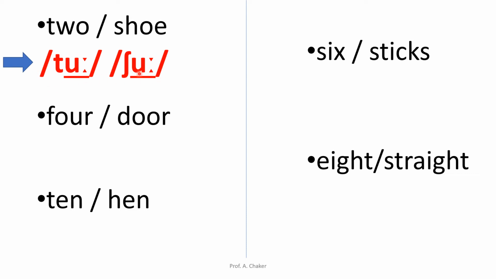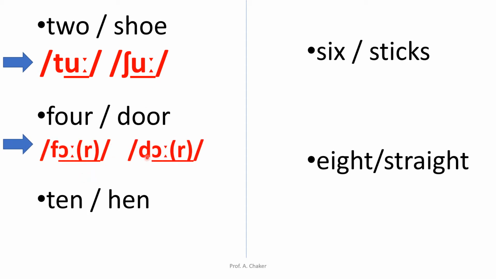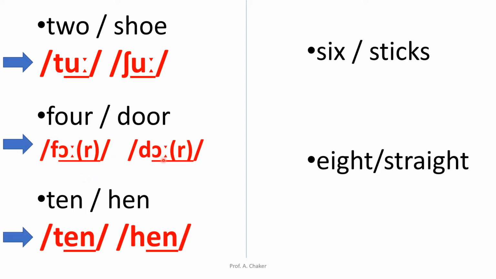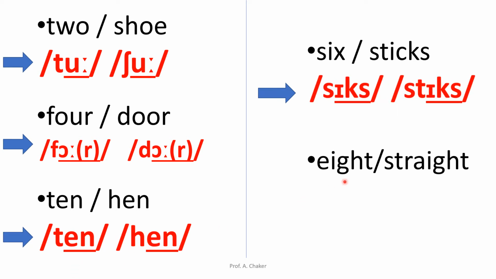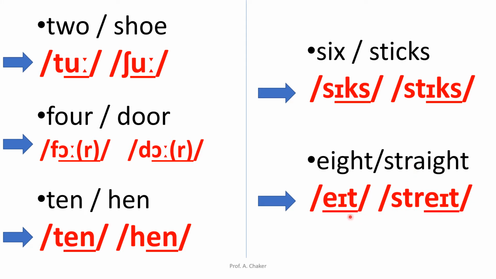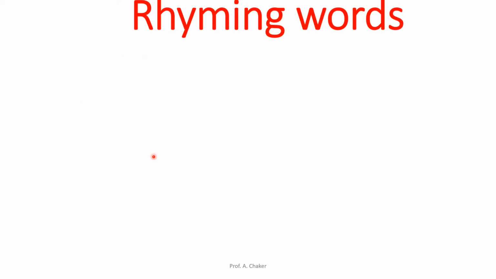Four, door. Ten, hen. Six, sticks. You see? Last sounds are repeated. Eight, straight. So these are what we call rhyming words.